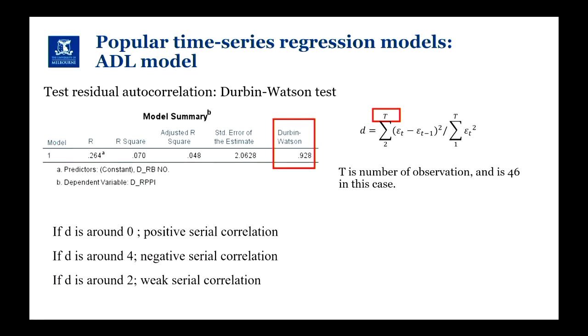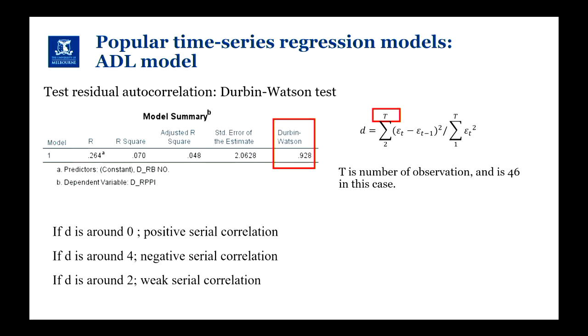The rule for Durbin-Watson is that if this value is around 0, it means there is positive autocorrelation, and if it is around 4, it is negative autocorrelation, while if it is around 2, maybe weak autocorrelation. So if the Durbin-Watson value is between 1.5 and 2.5, we see that there is low autocorrelation, and maybe we should not include any more lags.